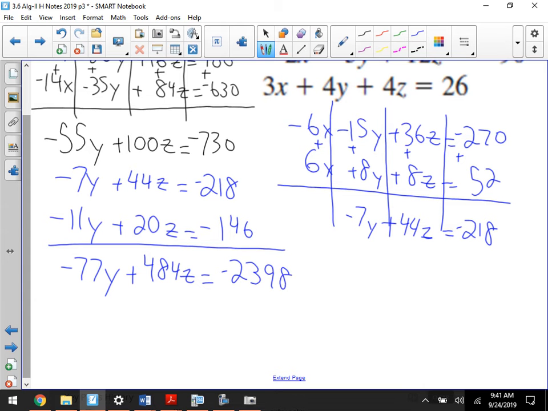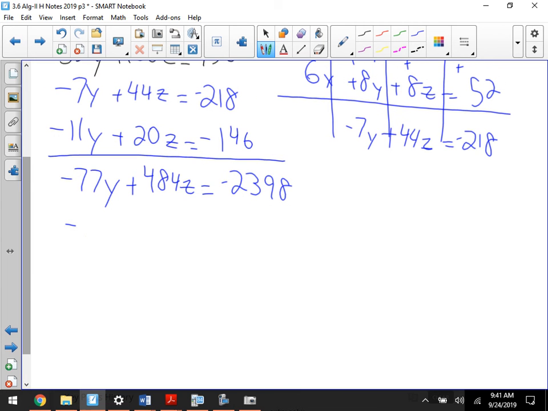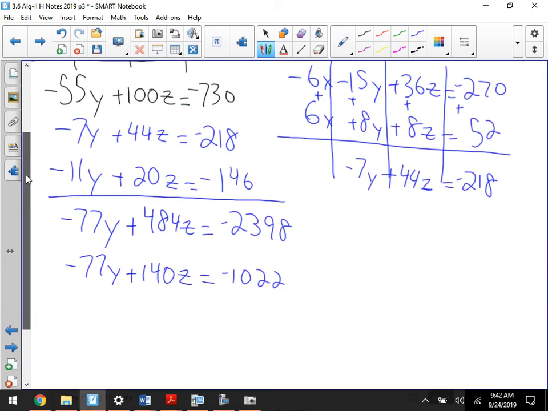Okay. Multiply the second equation by 7s then. How much? 1022. Okay.